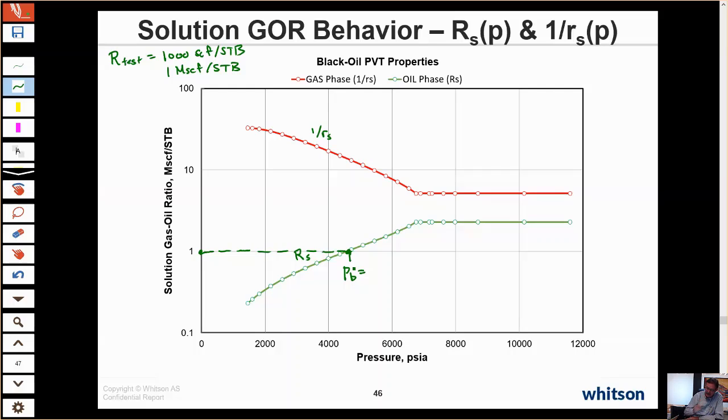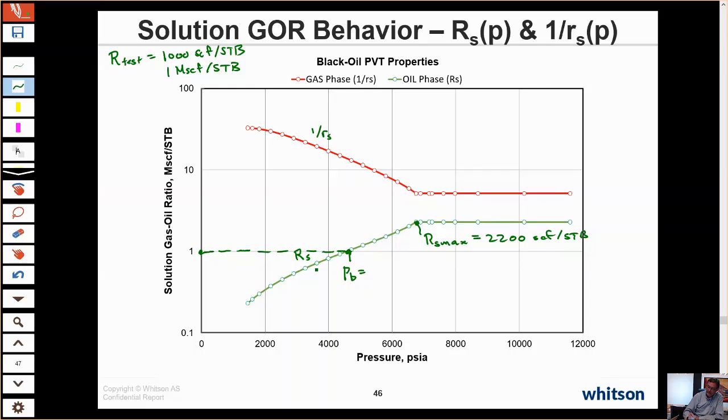First we had Rs max found first. That was equal to about 2,000, I've got good eyes, 2.2. I think I remember the number from the table. Okay, so our GOR is less than this. That means that we're down here.